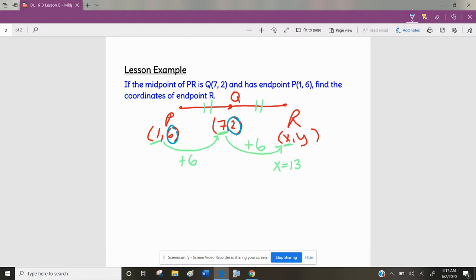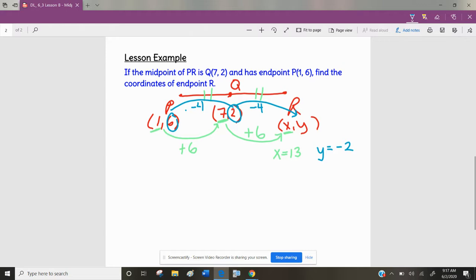Well, that is minus 4 in the y. And so I know to go from my midpoint to R, I should be applying that same change of minus 4, that same distance of 4 units away. We just have to make sure our direction is right. That's what the negative is telling you. It's not negative 4 units, it's down 4 units. So we know that 2 minus 4 is negative 2.